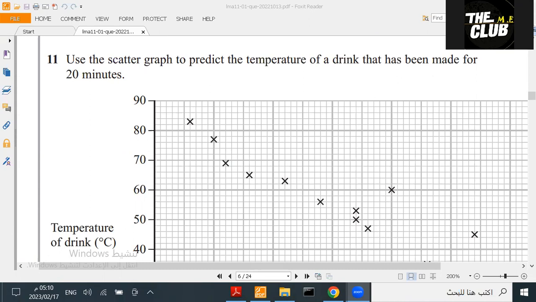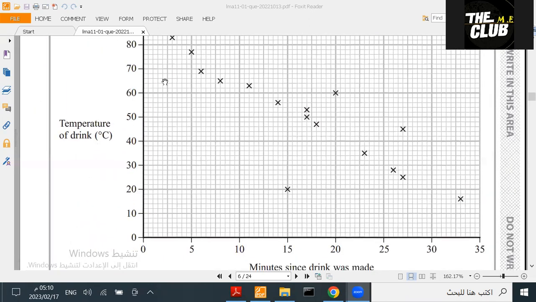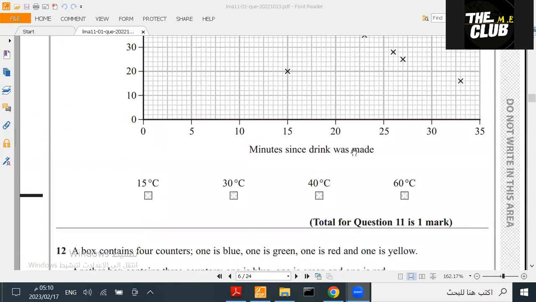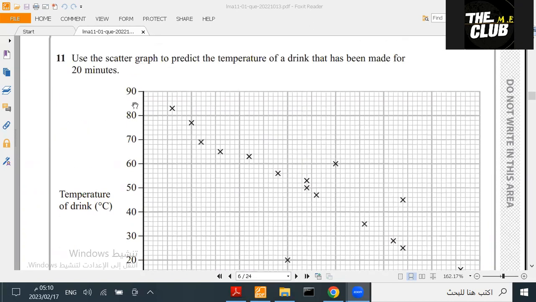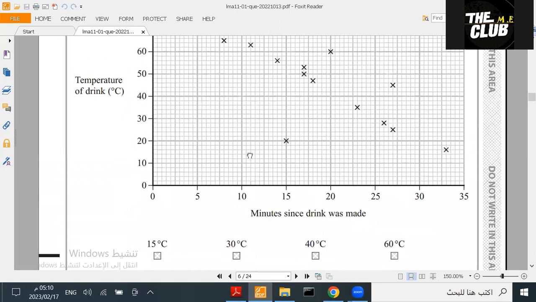So we're going to use the scatter graph here in question 11 to predict the temperature of a drink that has been made for 20 minutes. Let's see the scatter graph. We have points all over the place. Minutes since drink was made, and then this is the temperature. We need 20 minutes. So how do we do this?